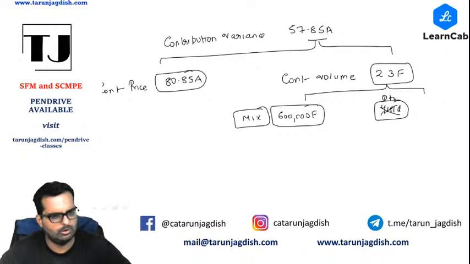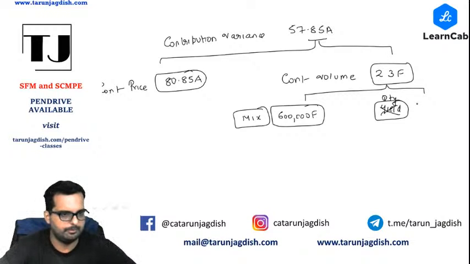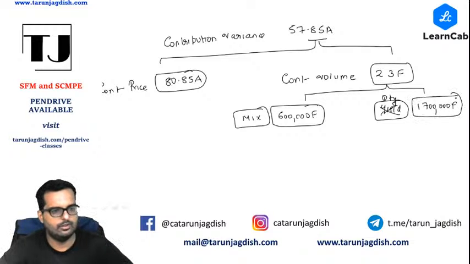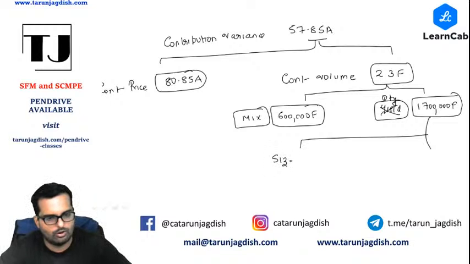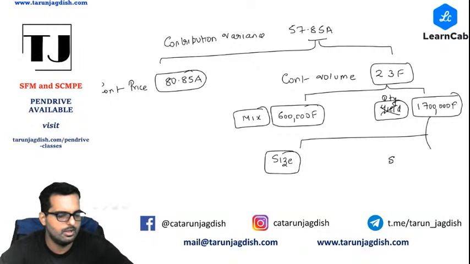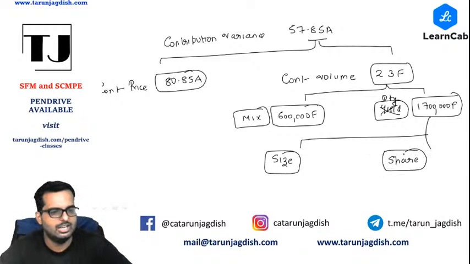We can use many terminologies for this. This becomes a balancing figure actually. That would be 23 minus 6, that is 17. 17 lakhs favorable. Under this, we have two more variances. One is called as size variance and the other one is called as share variance. Can you please write down this in your books first?